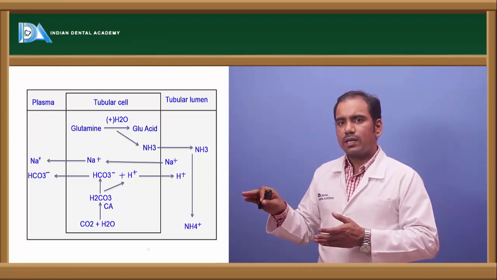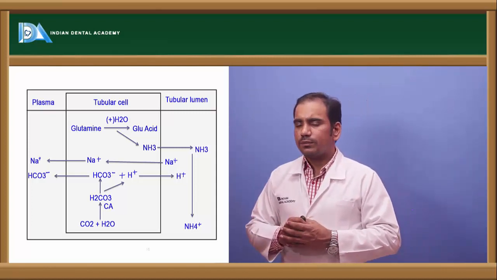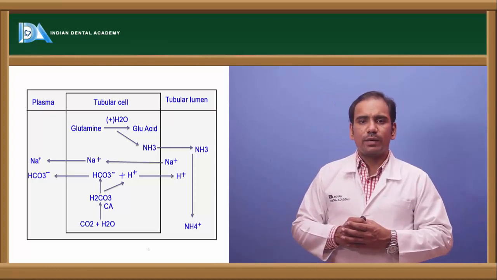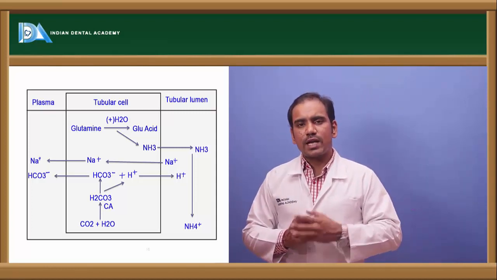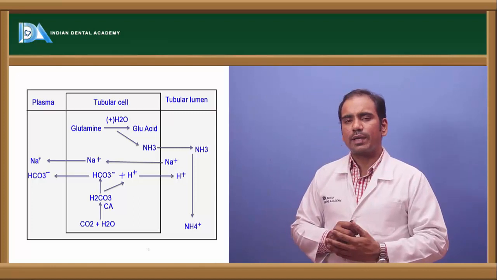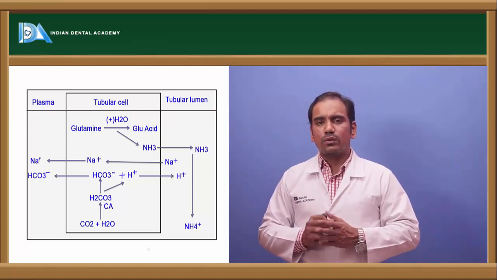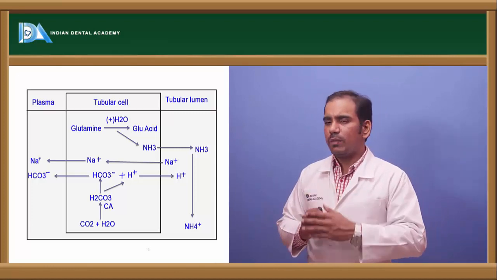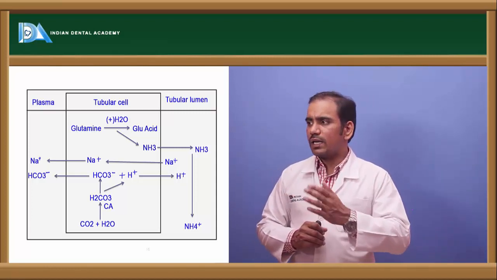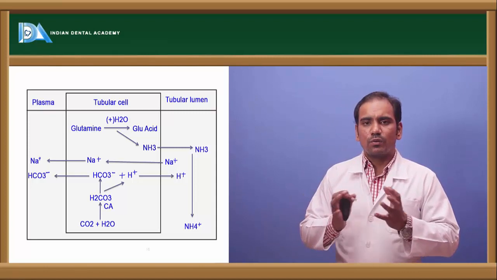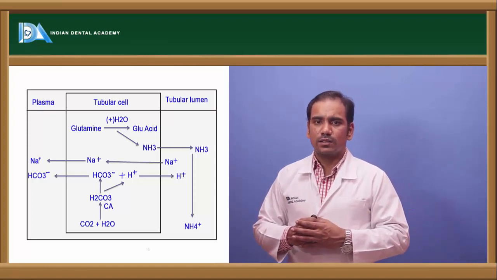The H plus ions are buffered by the ammonia released by the action of the enzyme glutaminase, which acts on glutamine and converts it into glutamic acid and ammonia. The bicarbonate generated enters the plasma again, so that maintains the alkali reserve, right?